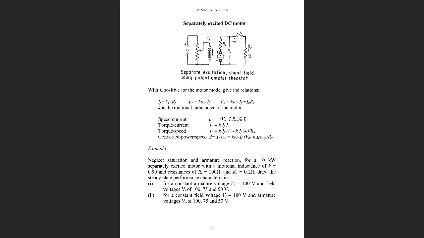On the terminals of the armature, we have the input voltage, represented here by VA. Because this is a motor, we have the input voltage with the input loading current, or armature current, IA, flowing through the armature resistance RA. The current goes from the source to the motor.